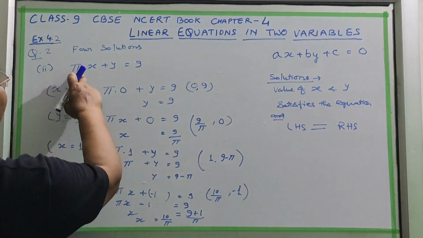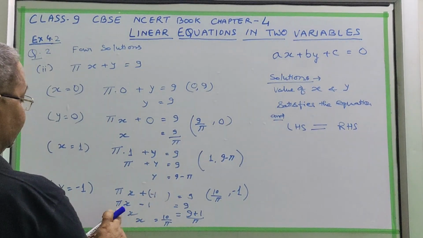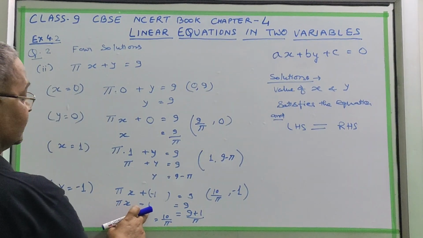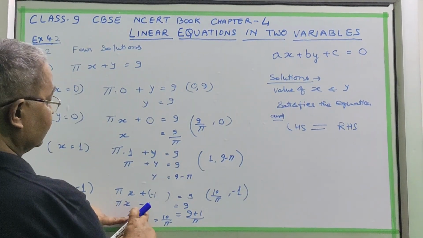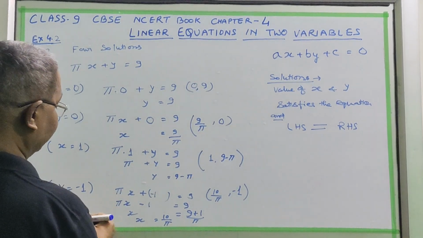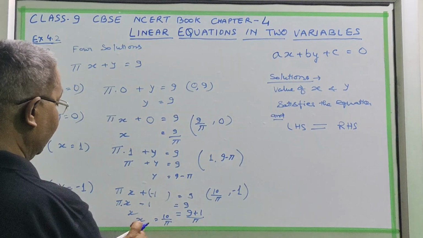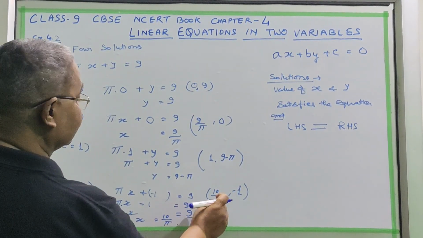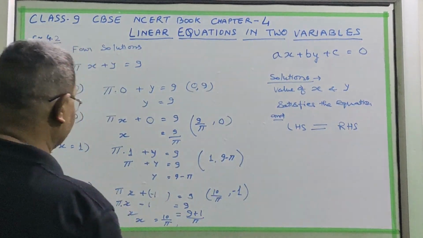X value we are not changing, and y is minus 1, equal to 9. It is the equation. So here minus plus becomes minus. So pi x minus 1 equal to 9. So what will happen? This will go to other side and becomes plus. And pi is in multiplied position. So it will go to the other side in divide position. So x will be 10 upon pi. This will be your answer. So first we always write x and then y. So these are your 4 options.